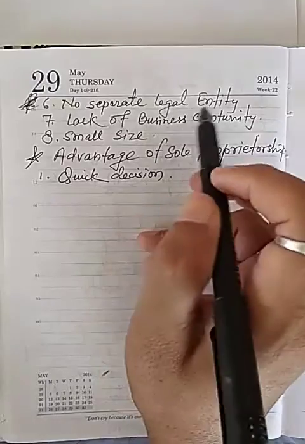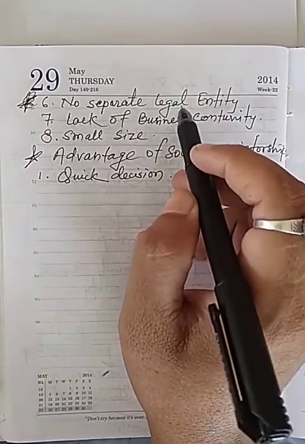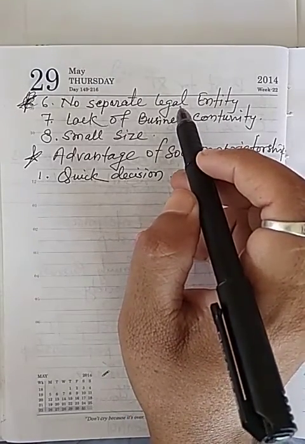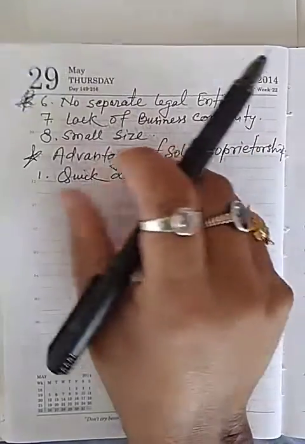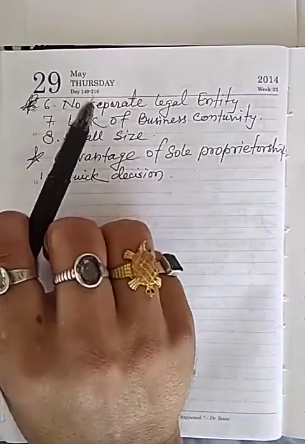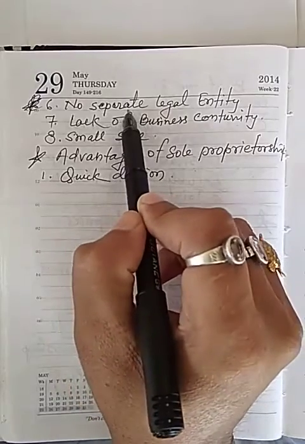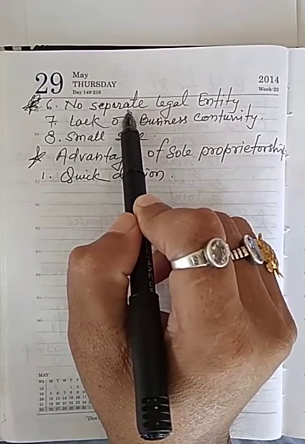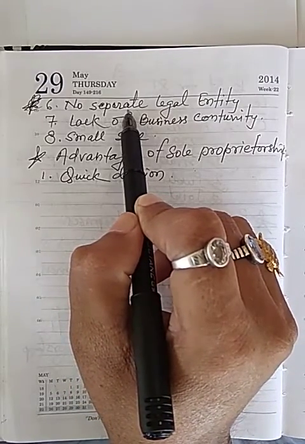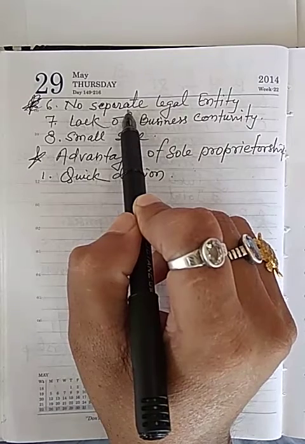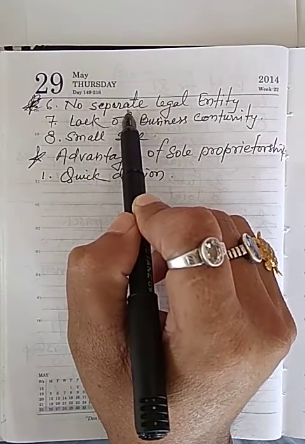No separate legal entity. A sole proprietor has no legal entity separate from that of its owner.